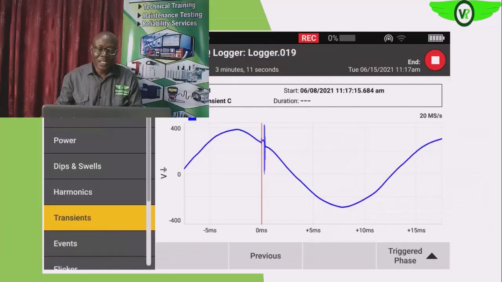Then, as you can see, the transients can also be shown by this analyzer. Those transient events, those voltage spikes that we have, maybe as a result of lightning or what have you, all of them will be clearly shown in the analyzer.